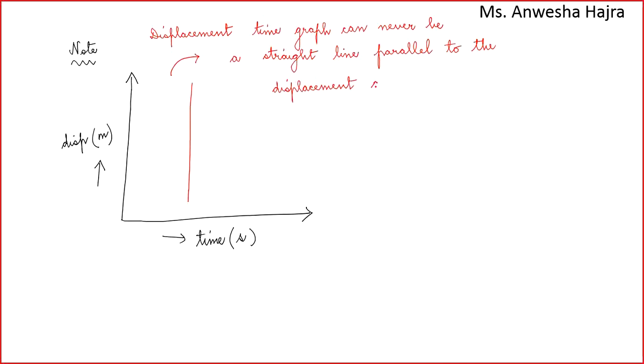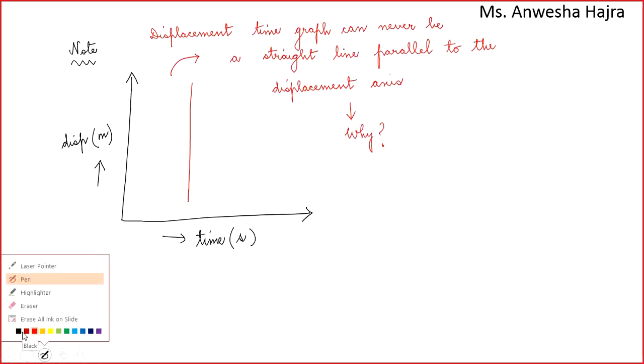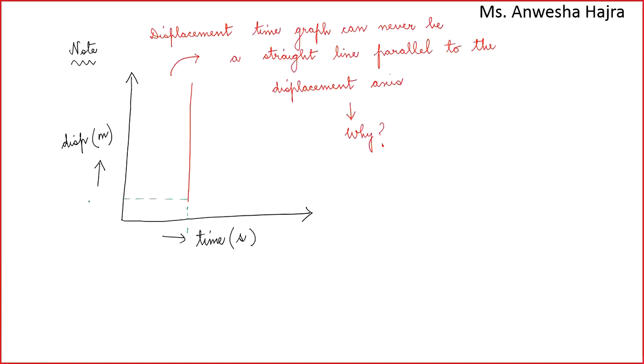Now why? The question is why? Why can it not be? See, at a particular time, say the displacement is 10. In the same time, the displacement is 20. In the same time, the displacement is 30.